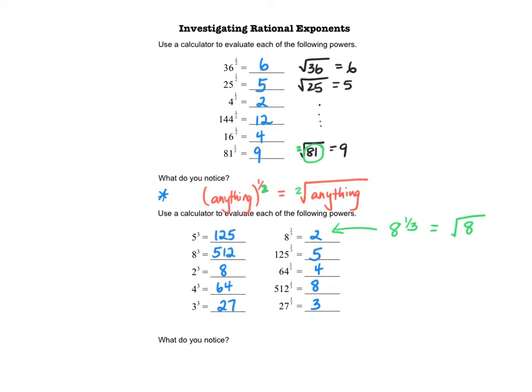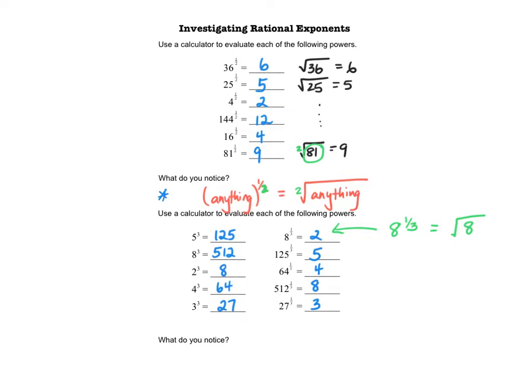Notice with the square roots, the denominator of our fractional exponent became our root index of our radical. The same is going to apply when the denominator of our rational exponent is not 2, but different numbers as well.